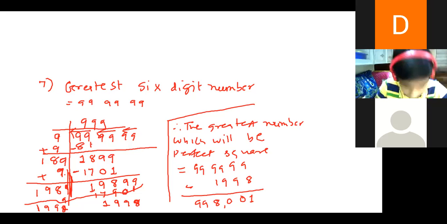I didn't get 00 at the end, so the remainder has to be subtracted from 999999. So 998001 is the 6-digit perfect square number. Understood? Okay, sir.